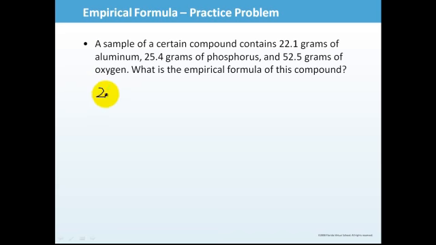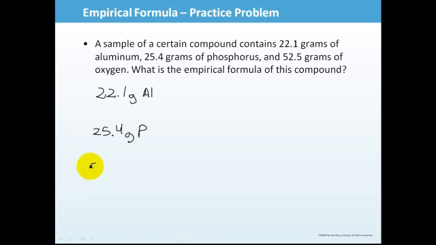So we have to take the information we're given, the 22.1 grams of aluminum. Then we have 25.4 grams of phosphorus.